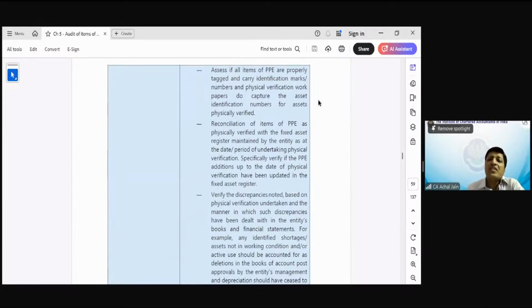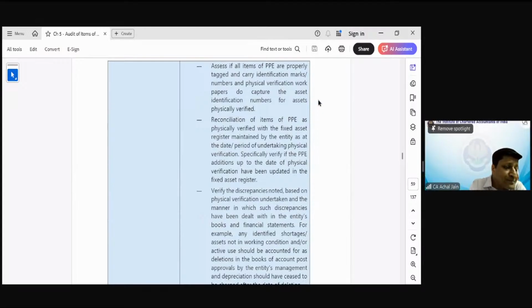Now, once the physical verification is done, there could be some differences. For example, books may say that the total PPE is, say, rupees 2 crore. But when you physically verify that, you found that PPE amounting to 10 lakhs was not there. Maybe over a period of time, those items were discontinued, but in the books they stayed. So it's a very, very practical problem.